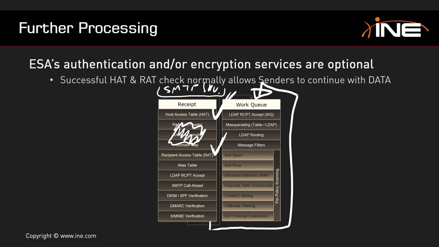But from that point on, assuming that we didn't configure those additional features, it would normally mean that we save the message on the ESA's disk and then put it into the work queue for further evaluation with our inspection engines and other features.